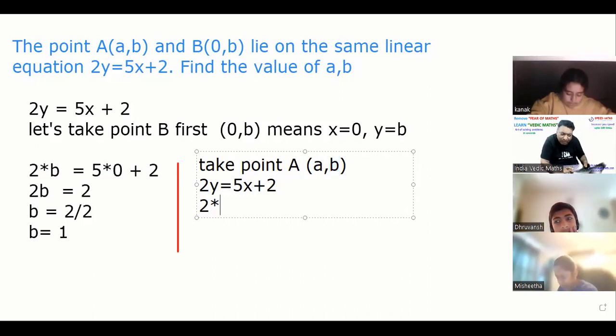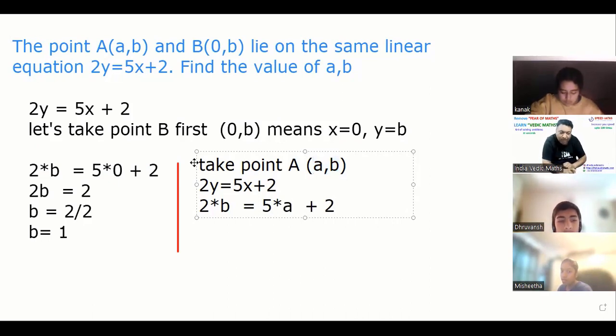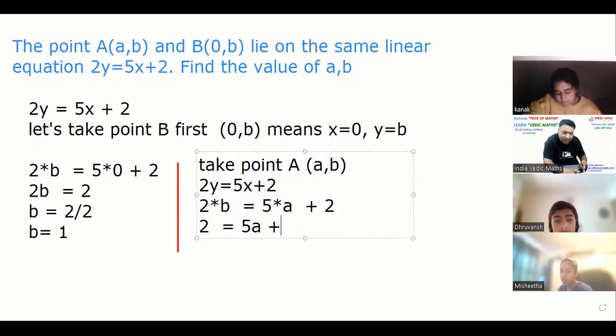But first let's put b only. So 2 times b equal to 5 times x. What is x here? A. Guys, I am again putting focus here. X is a, plus 2, correct? 2 times b, you said b is 1, correct? So 2 times 1 is 2. 2 equals 5a plus 2. 5 into a is 5a.